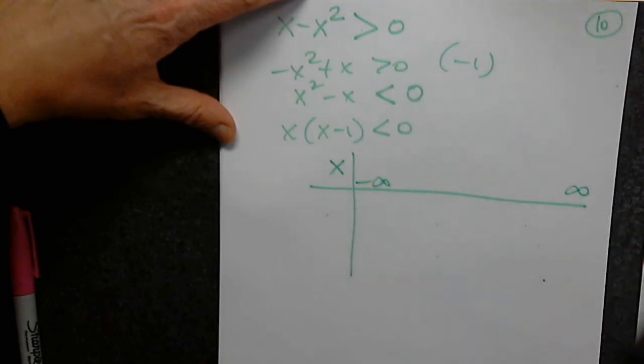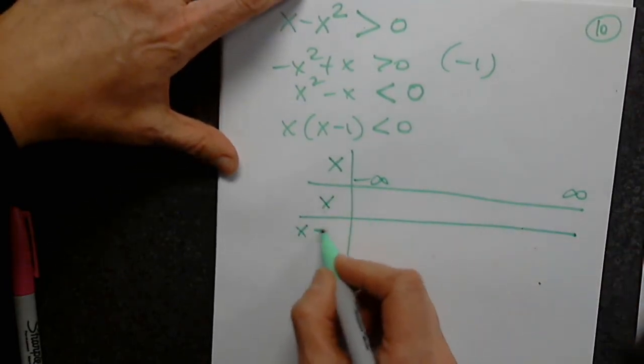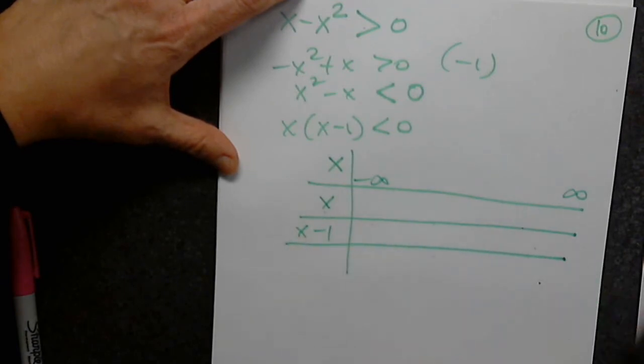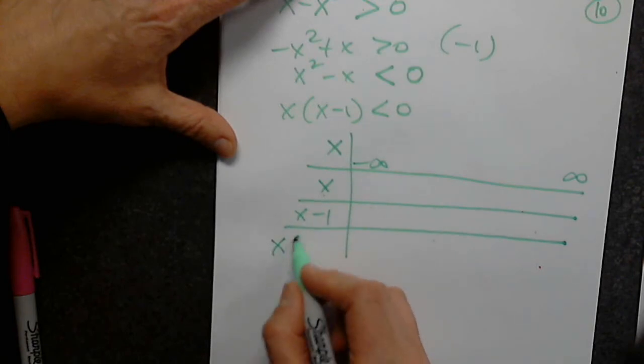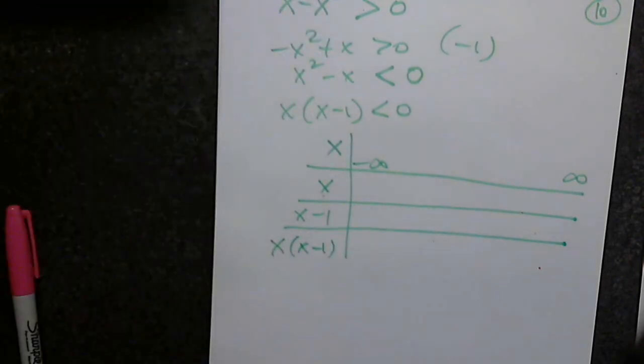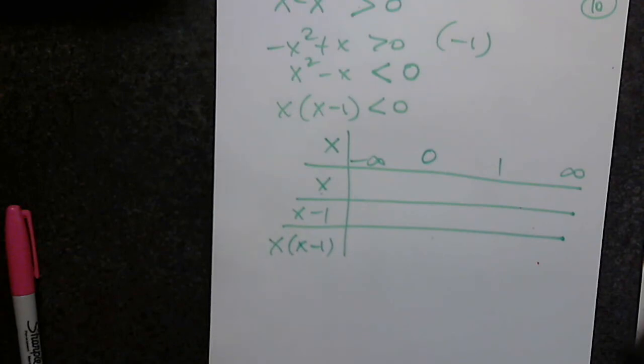Negative infinity to infinity. The first factor is x. The second factor is x minus 1. And what is the last row? Exactly. What numbers go in the chart? 0 and 1. Exactly. In that specific order. Where is the 0 for x? 0.